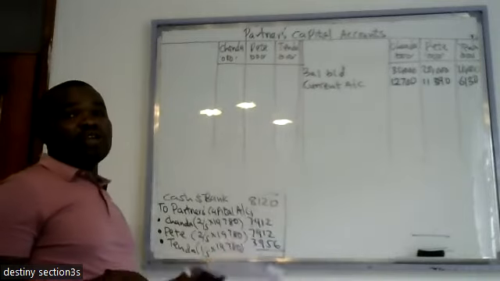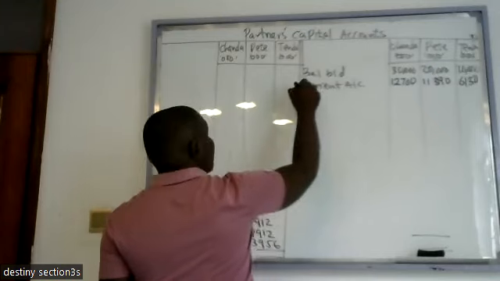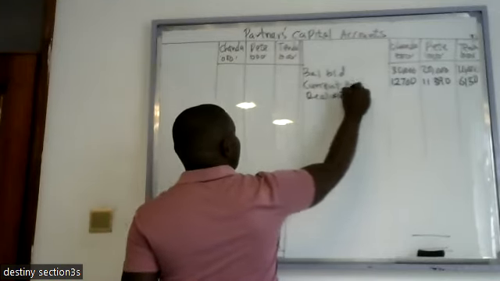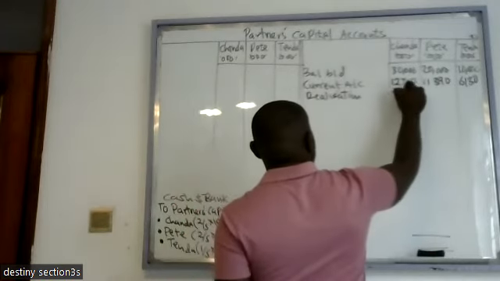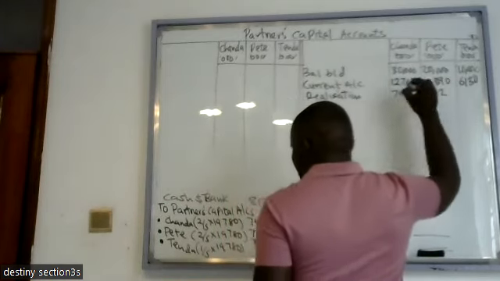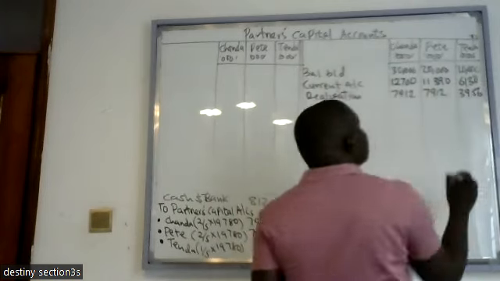Sometimes it can be on the credit, so you bring it this side. So realization, 7,912, 3,956, like that.